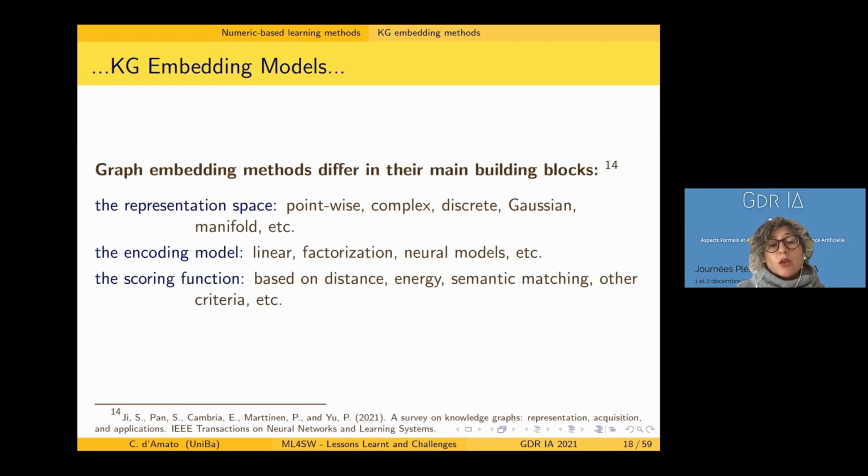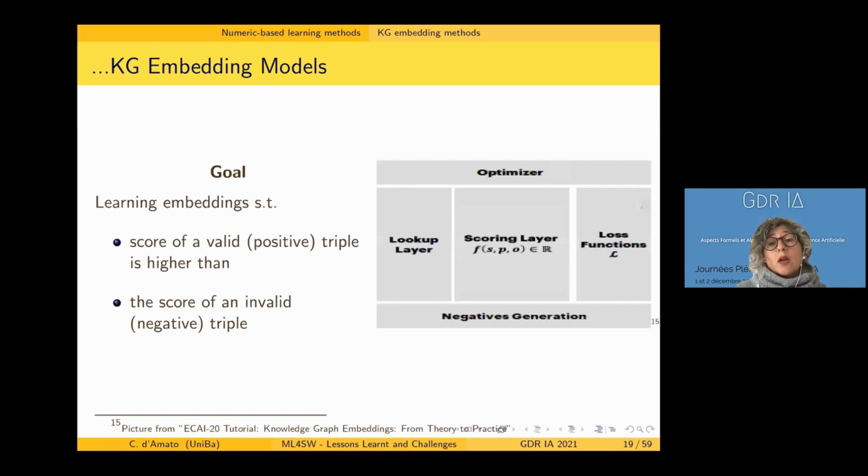And the third dimension is the score function, which can be grounded on a notion of distance or energy, or a notion of semantic matching, or also other criteria. All in all, the architecture of knowledge graph embedding methods is depicted here in this slide.